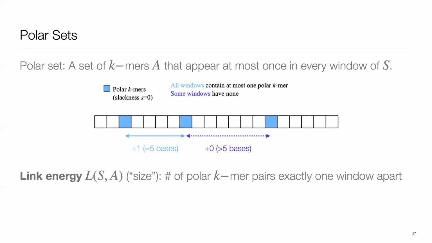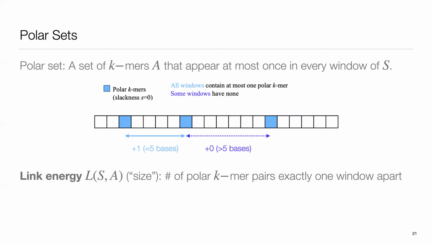The way we measure the goodness, or rather in an abstract way the size of the polar set, is a new concept we call link energy, which we denote as L of S and A, S being the reference sequence, A being a polar set. It's defined as the number of polar k-mer pairs on the reference sequence that are exactly one window apart.